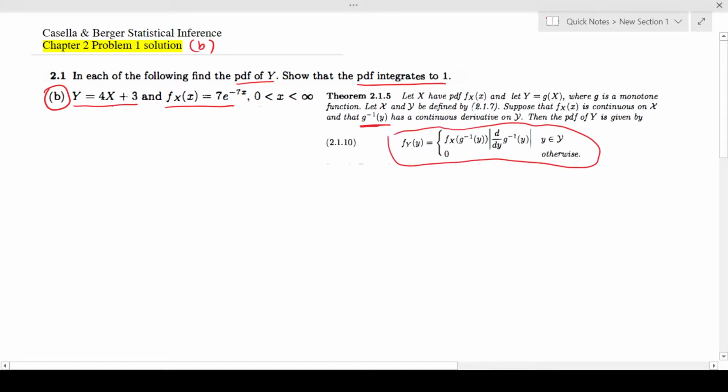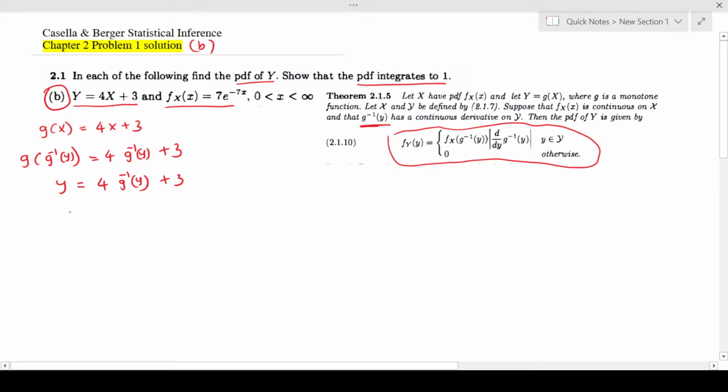In order to do that, let me first find what is g inverse of y. We know that g(x) is equal to 4x plus 3. So in order to find g inverse of y, instead of x, you are going to plug in g inverse of y. So y equals 4 times g inverse of y plus 3.